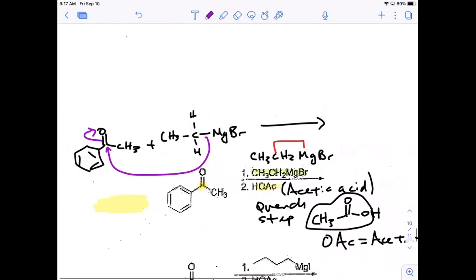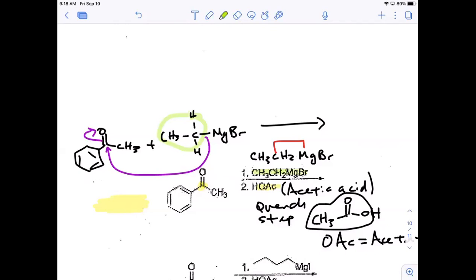So in the intermediate, this is a common mistake, and that's the only reason I'm saying this. In the intermediate, it's this whole thing that's attached to that carbonyl carbon. It's not attacking from the CH3, so you want to attach it there. And it's the CH2 with the CH3 still bonded to it. The reason I'm saying that is because that's a common error that I see all the time when I teach this section and when students have to go back and work problems.